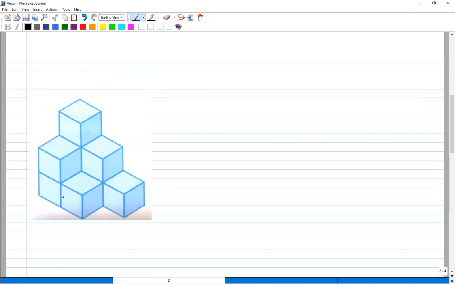Now, from the front view, this one, we are having 3 columns. Let's call this column 1.